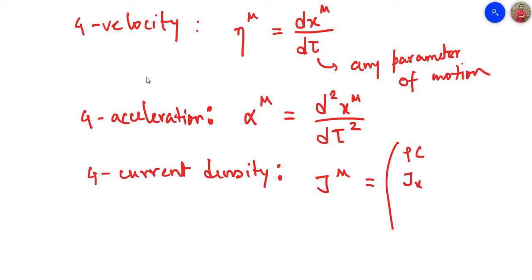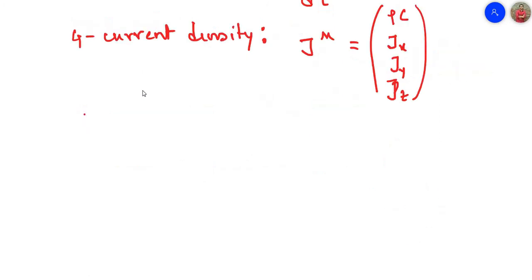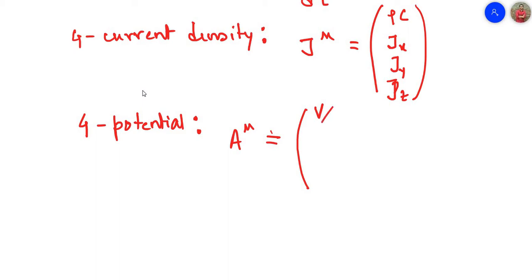So Jx, Jy, Jz. We can also have a 4 potential. This is denoted by A mu, and in its definition we have the scalar potential divided by the speed of light as the time component and the three-dimensional vector potential as the spatial components. So we have Ax, Ay, Az.